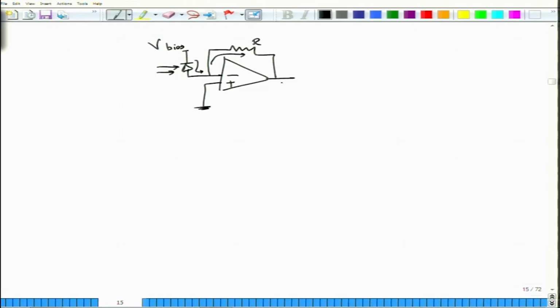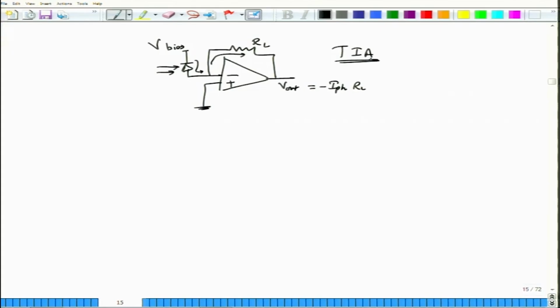And then of course, the output voltage that you would see would be given by IPH RL itself. So, V out is equal to minus IPH RL. The minus sign is simply because you are operating an operational amplifier in it by connecting the input to the non-inverting terminal.